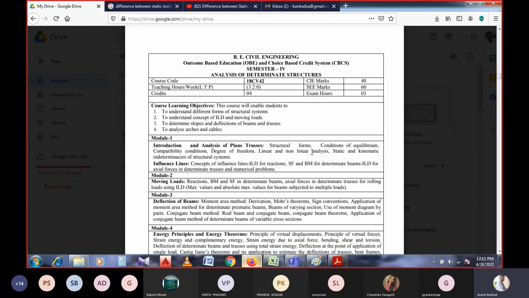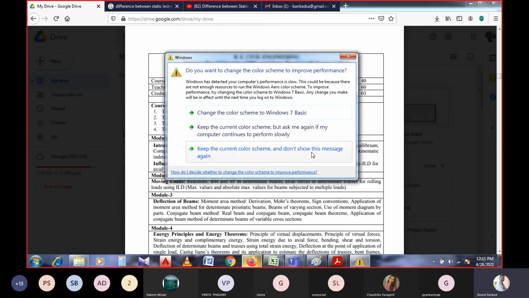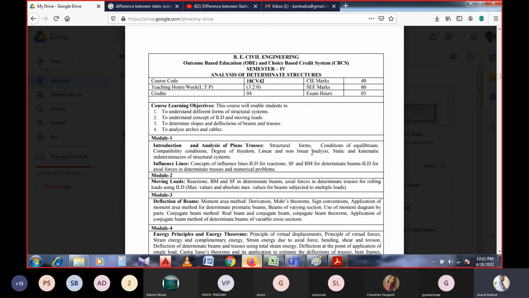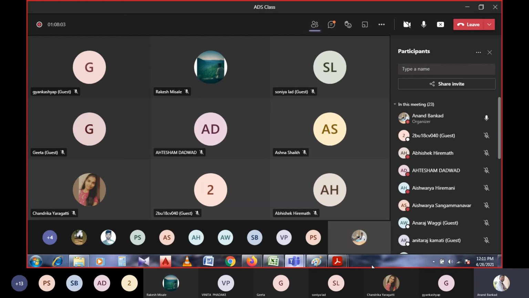For non-linear analysis, we could have non-linearity in material and in geometry, right? This is how linearity and non-linearity in the system is considered. Is that clear?